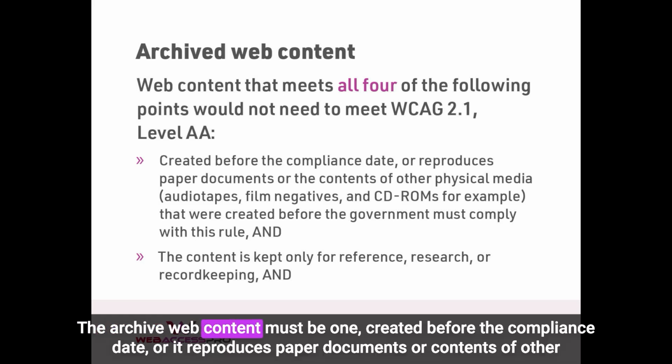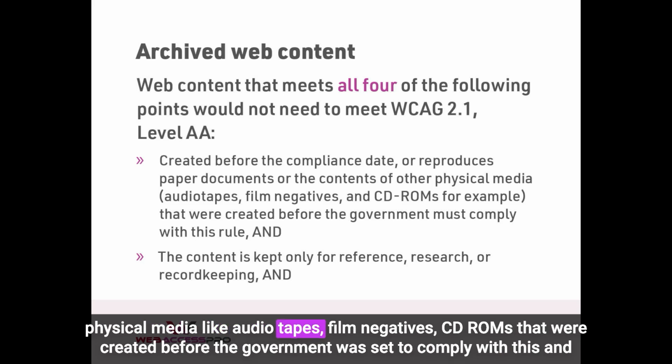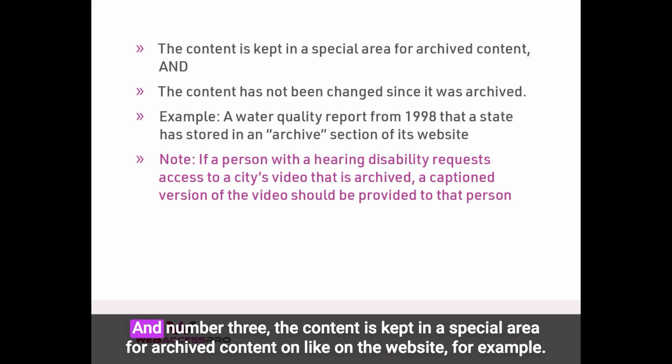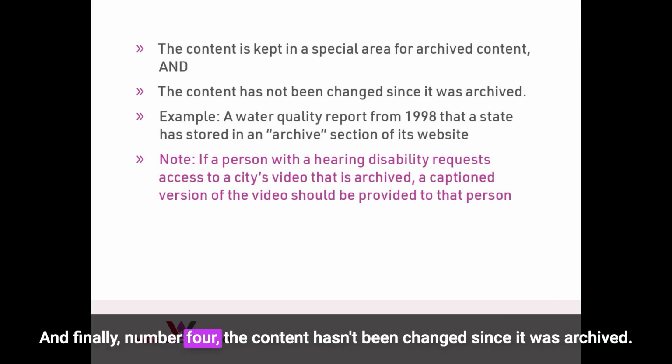The archived web content must be, 1, created before the compliance date, or it reproduces paper documents or contents of other physical media like audio tapes, film negatives, CD-ROMs that were created before the government was set to comply with this rule. And number 2, the content is kept only for reference, research, and record keeping. And number 3, the content is kept in a special area for archived content on the website, for example. And finally, number 4, the content hasn't been changed since it was archived.